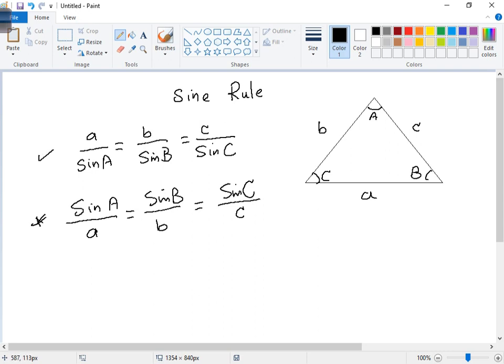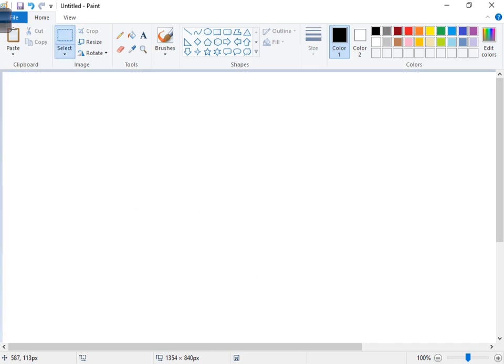What does it mean? Let us have a look at an example. In this example, they give us this angle here, 48 degrees, and this one 59 degrees.